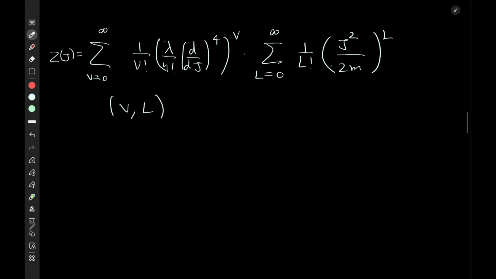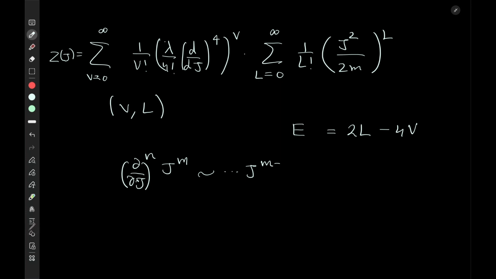First, note that this j has a power of 2L, and these 2L powers are being killed by 4v derivatives, which means that if you have a total of, let's say, 2L j's, and after differentiation 4v of those will be killed, and you will only have the rest left. For example, if you have, let's say, m powers of j, and you differentiate with respect to j n times, apart from some constant factors, we will have just j to the power m minus n.